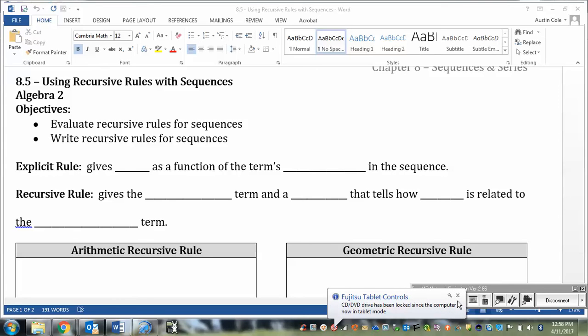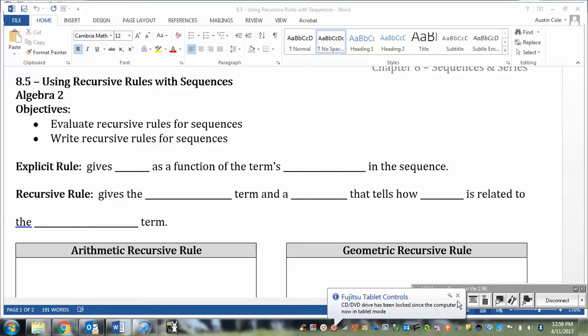All right, so our last sequence that we need to look at is called a recursive sequence, okay? What do you guys think that means? It's kind of out there, but recurring, right? It kind of means that each successive term, so the next term, depends on the one before it, okay?